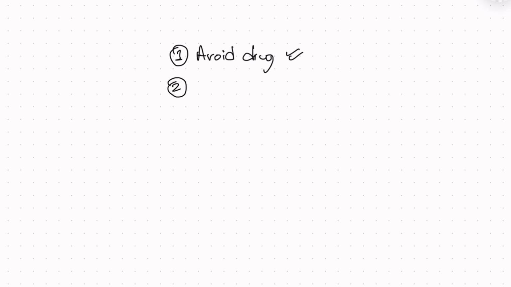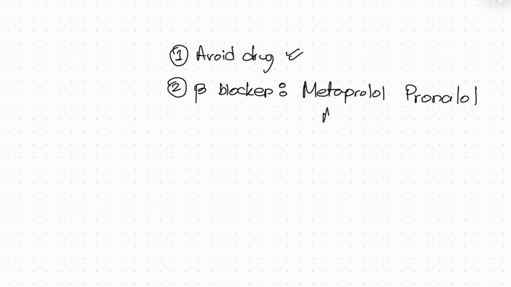Number 2, we can give beta blocker. The recommended beta blockers are generally metoprolol, propranolol and atenolol. You should be careful to always avoid sotalol, because sotalol is one of those drugs which causes QT prolongation.